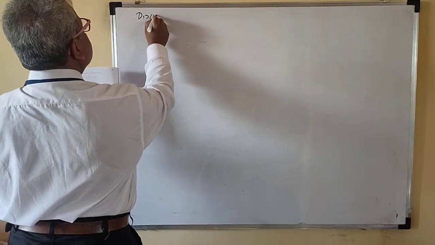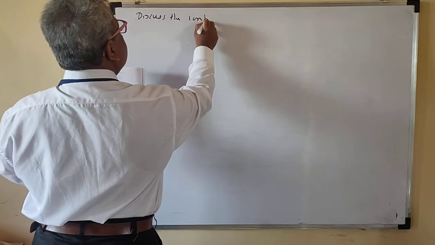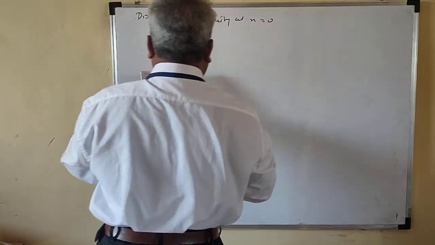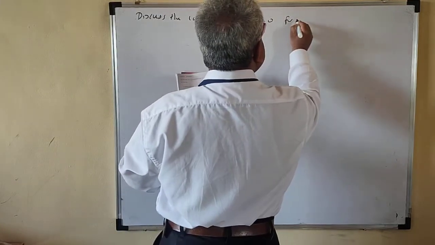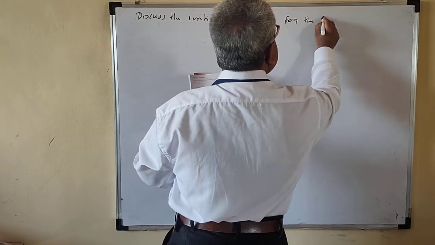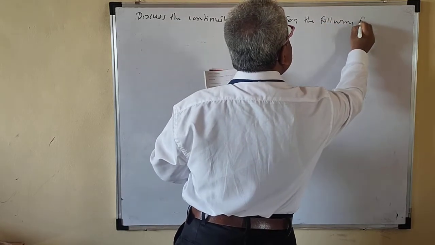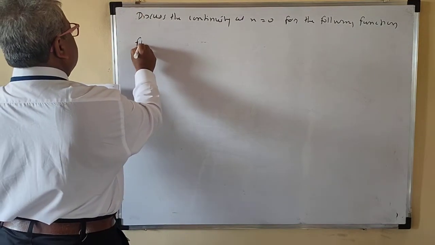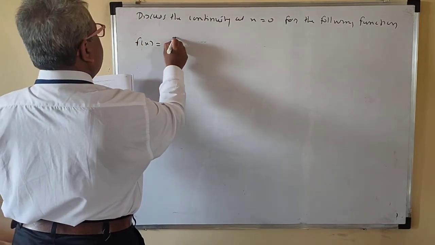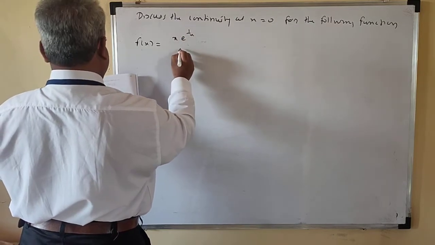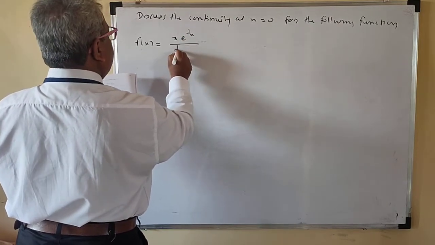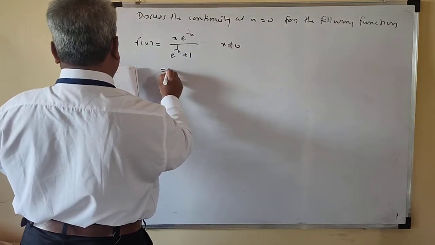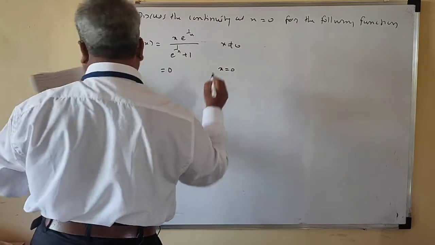Okay, so discuss the continuity at x is equal to 0 for the following function. f of x is equal to x e raised to 1 by x upon e raised to 1 by x plus 1, x not equal to 0, is equal to 0, x is equal to 0.